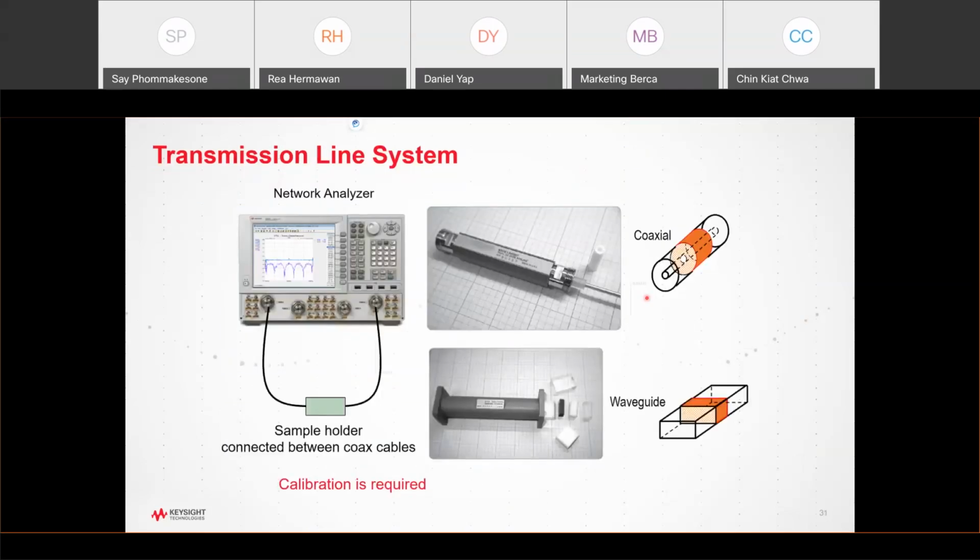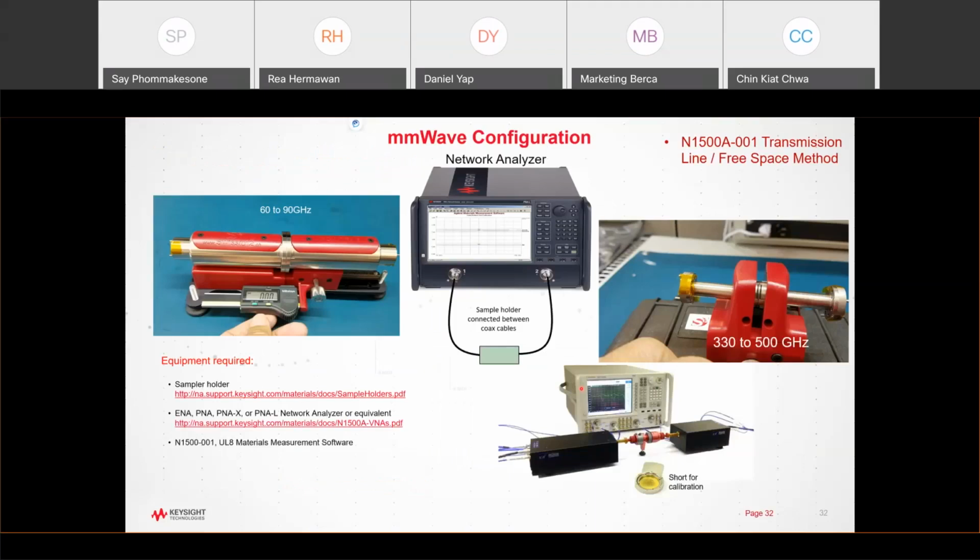The actual instrument looks something like this. This is a 7 millimeter airline. This is the actual X band, 8.2 to 12.4 gigahertz. We do have higher frequencies as well.